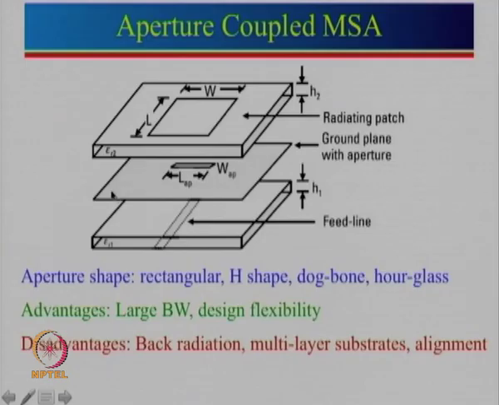Here we have one ground plane, and in that ground plane, in this particular case, you can say that a rectangular slot is cut over here. Okay. And on the other side of the substrate, there is a dielectric substrate here. So, this is the ground plane, you can think of it as the ground plane of this substrate.